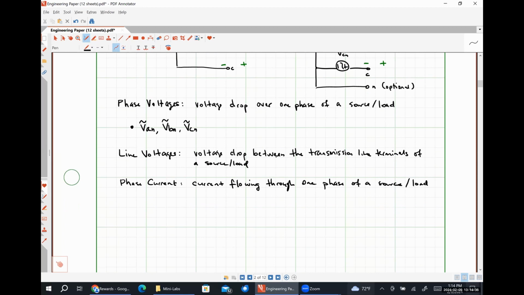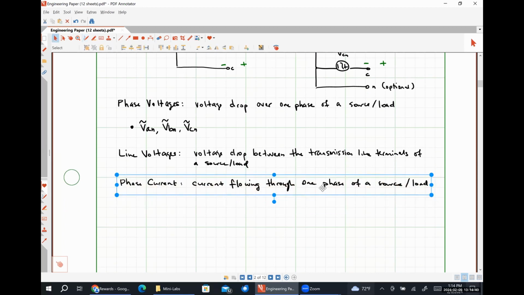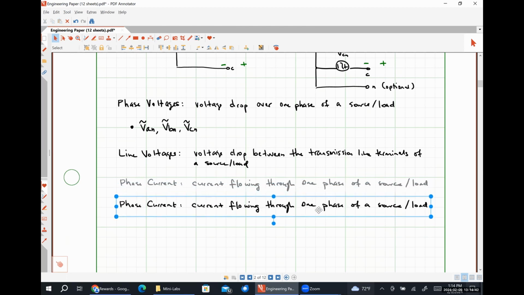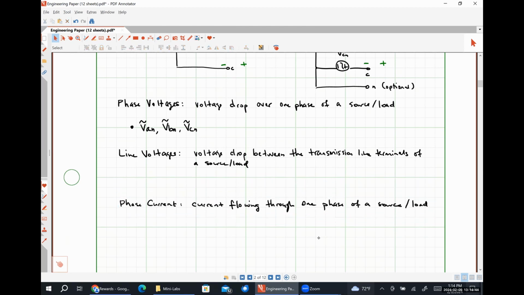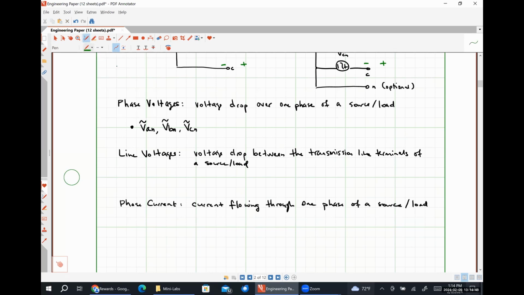Oops, let me move this down. I didn't list out my line voltages below that, so I'll come back and do that in just a second. So let me write these in green. These would be VAB, VBC, and VCA. My apologies.